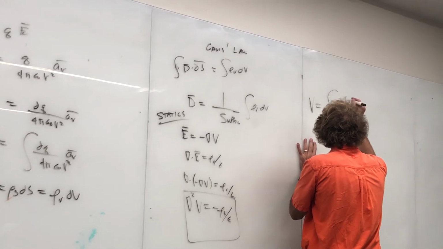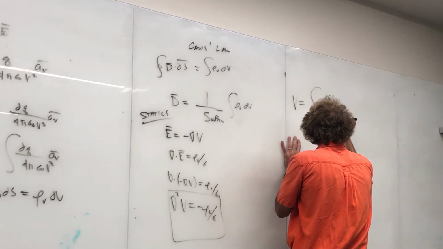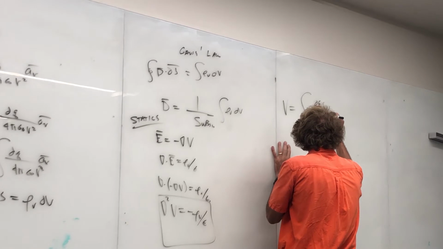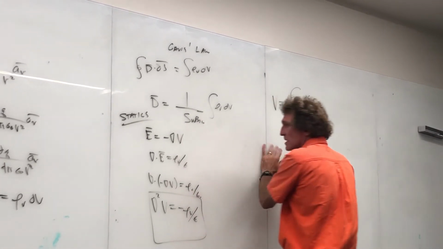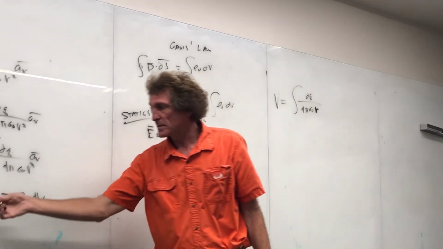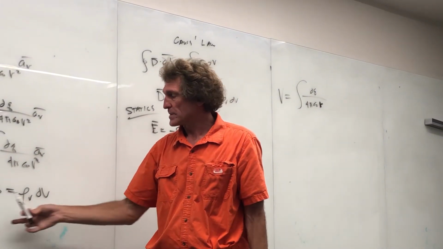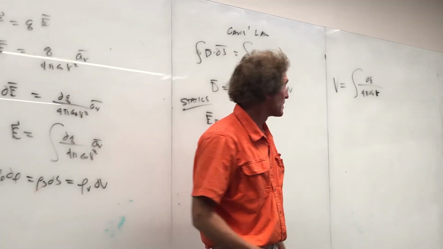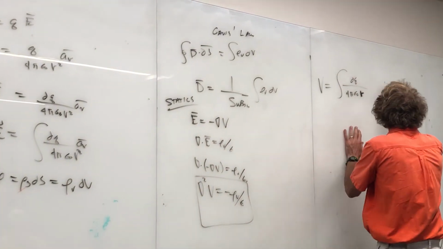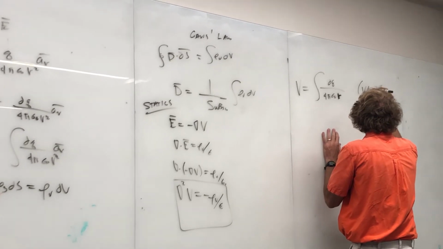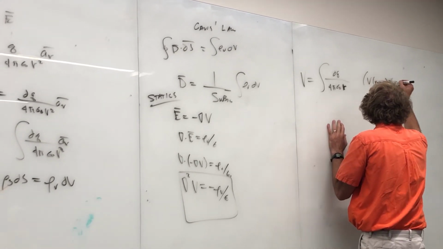Let me just do it this way, I'll put it as dq, over epsilon naught divided by r, and there is no vector sense. And dq again would be either rho l dl, or rho s ds, or rho v dv. And that's the voltage assuming V at infinity, V as r goes to infinity is equal to 0.